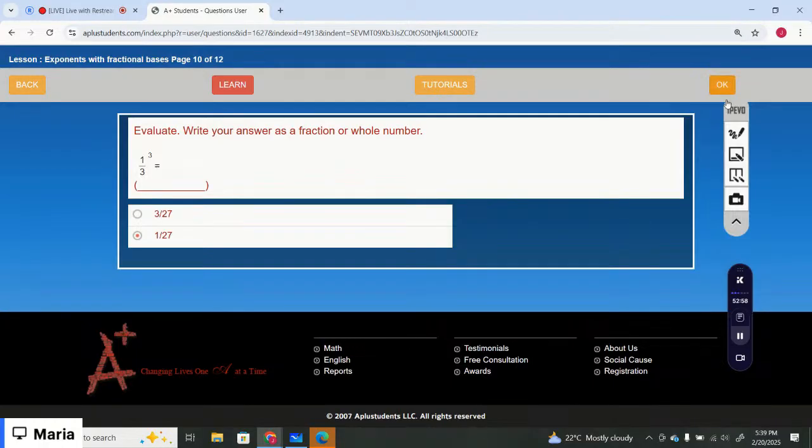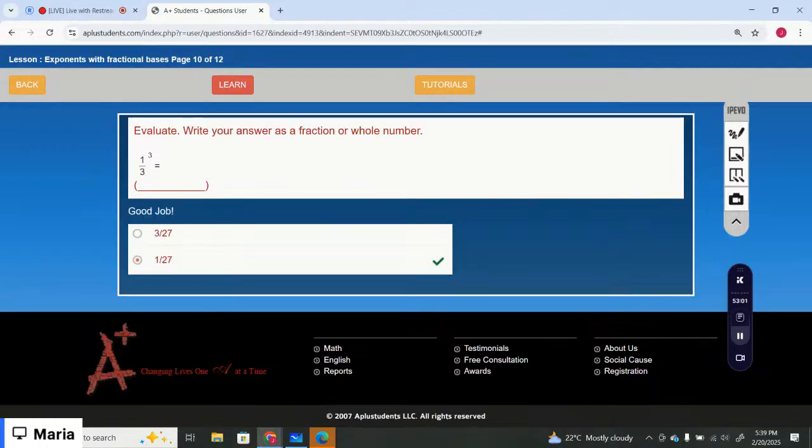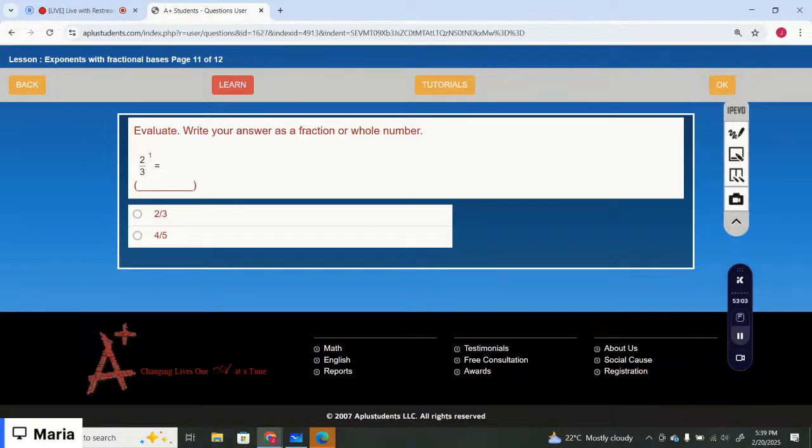Option number 2 is the correct option. 2 by 3 exponent 1. 2 by 3 exponent 1 is 2 by 3. Option number 1 is the correct option.